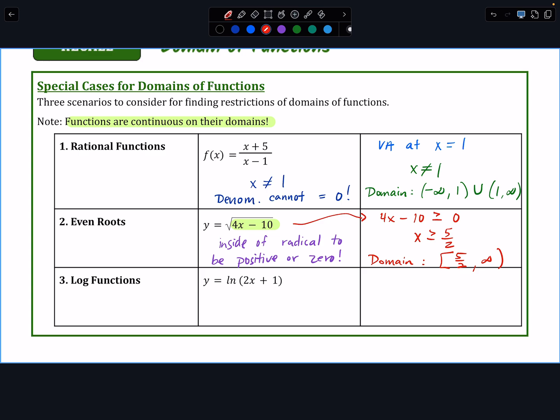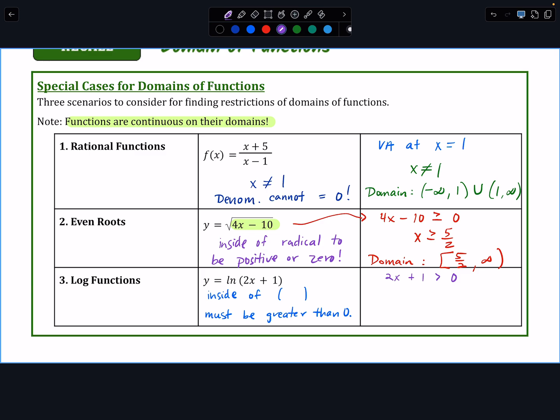So the inside of the parentheses must be greater than 0. So what's on the inside of the parentheses here? Do you guys agree it's 2x plus 1, right? So to find the domain, all you have to do is say, hey, 2x plus 1, I need that to be greater than 0, and solve for x.